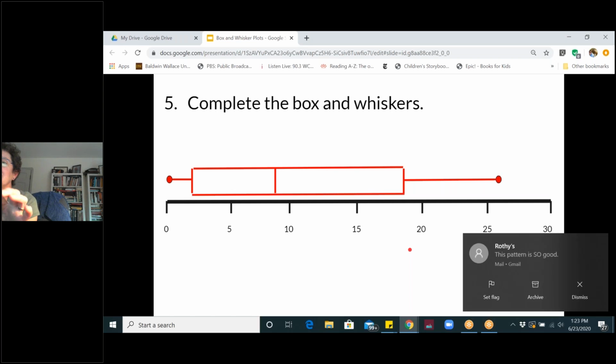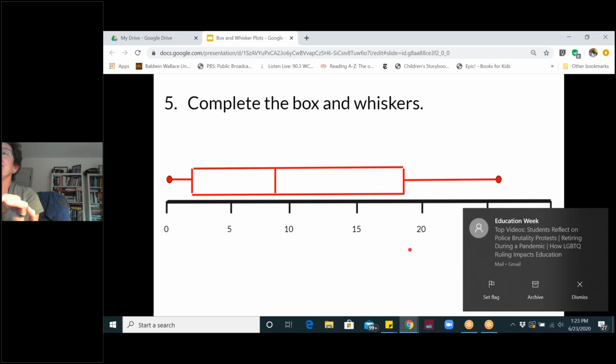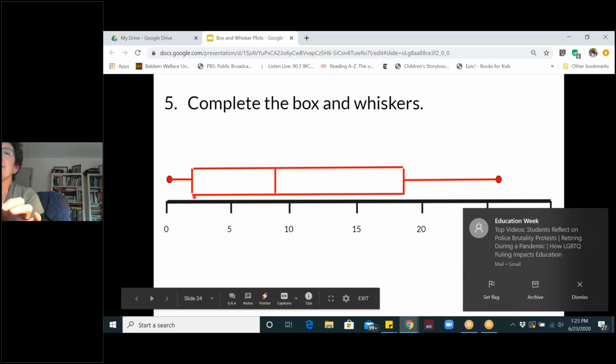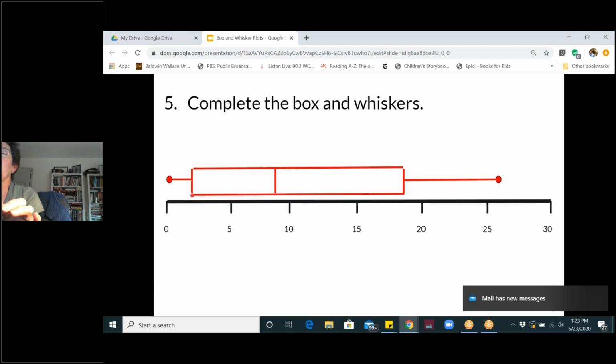No. Okay, good. So as we're looking at this, what this tells me is, for these kindergarten students, I can see here are the ones that don't know any letters. And then here's the lower quartile.